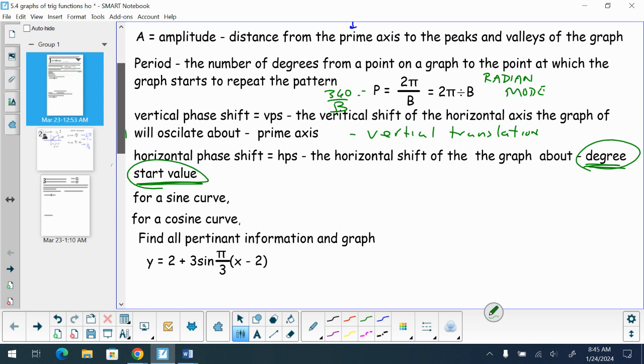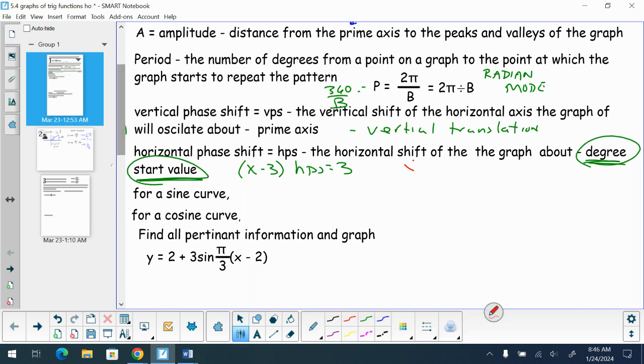So if we have some value x minus 3, your horizontal phase shift is equal to a value of 3. But if you have x plus 3, we are no longer subtracting from our x because it says addition there.